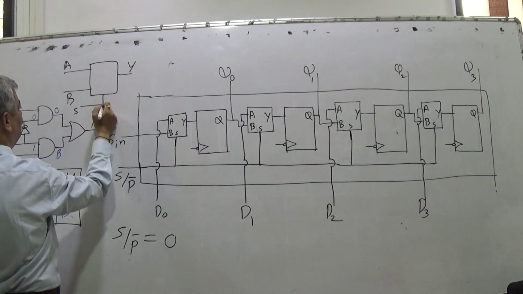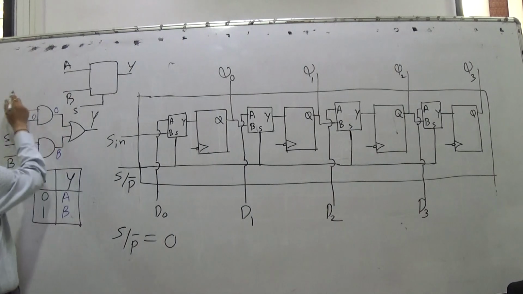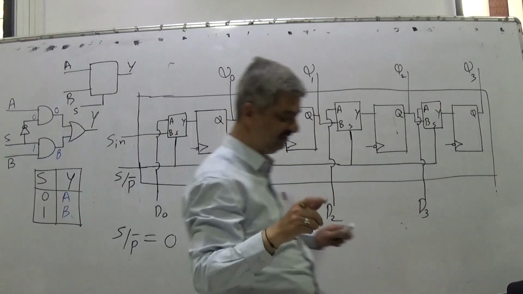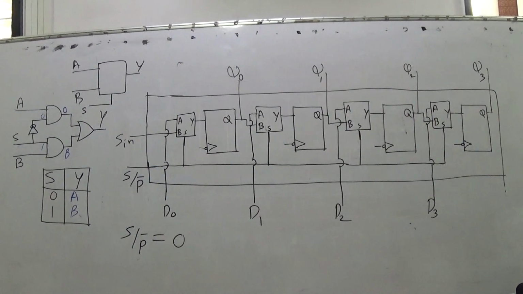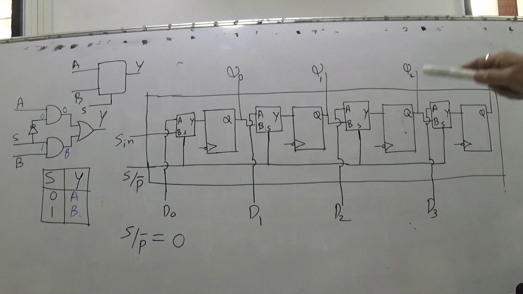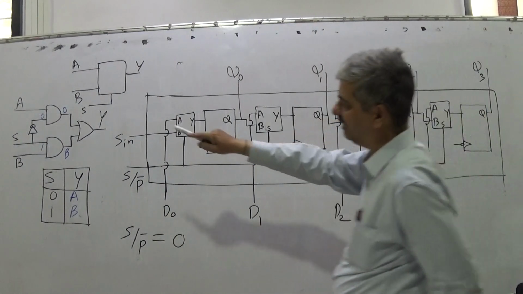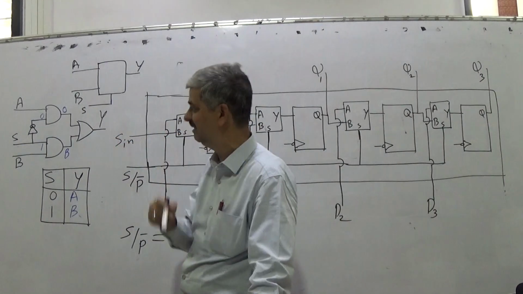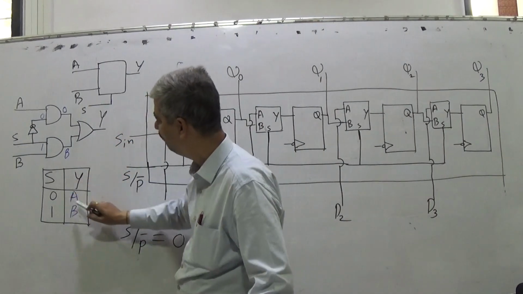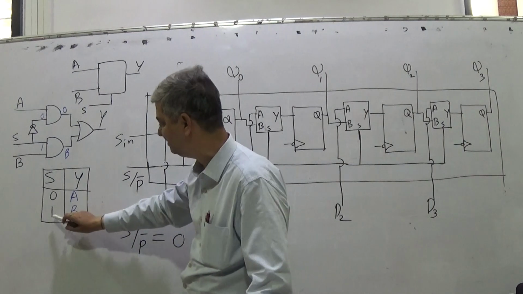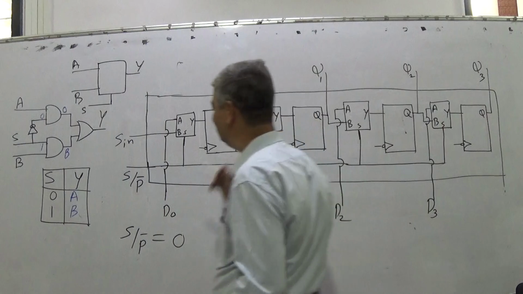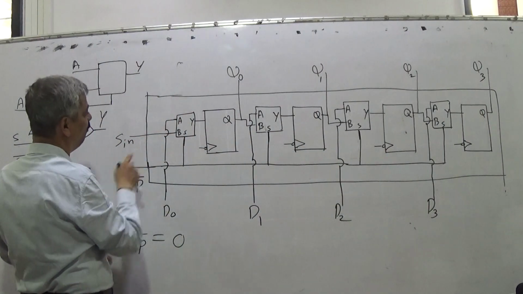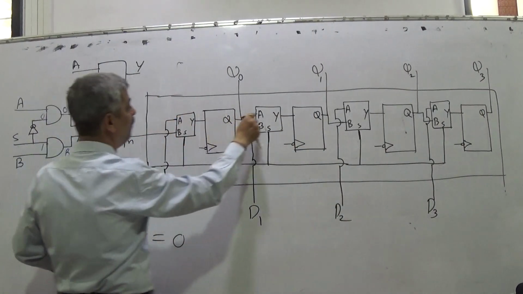This circuit, consisting of 2 AND gates, one NOT gate and one OR gate, is called a 2S1 multiplexer. When S is 0, Y is A, when S is 1, Y is B. It repeats 4 times. So when this is 0, whatever is at A is selected.